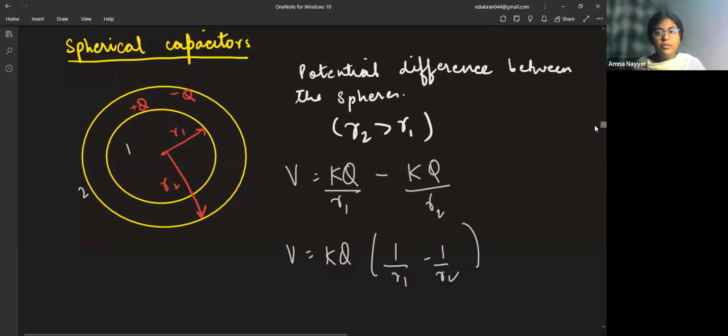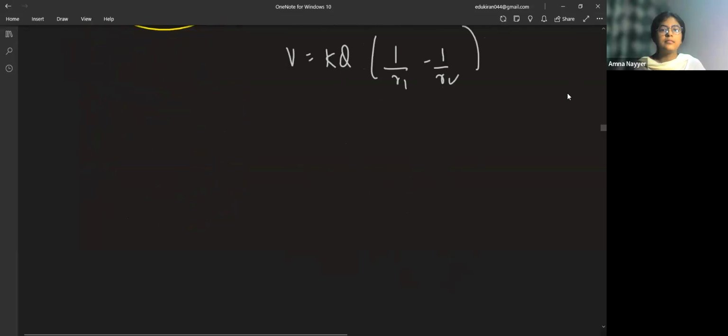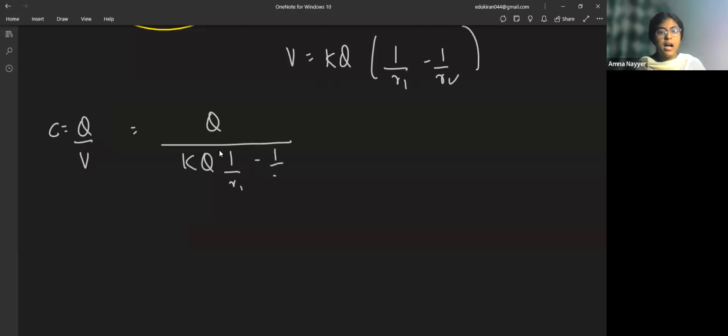Now, coming to the formula for capacitance. What is the formula for capacitance in terms of charge and potential? Q by V, perfect. So Q divided by V, what is V? This entire portion, KQ times (1 by R1 minus 1 by R2).